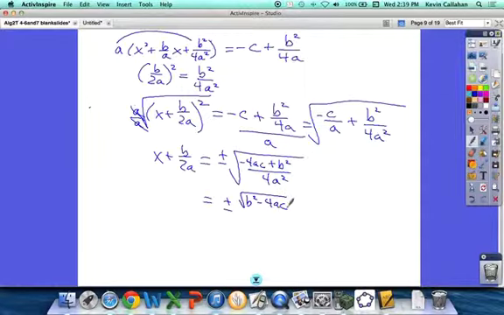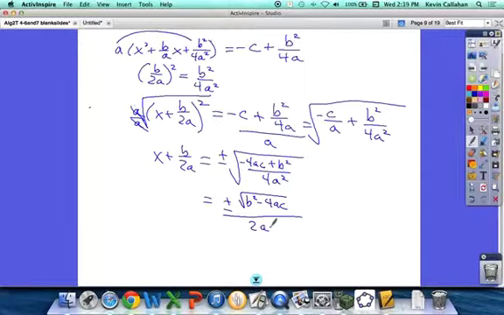And the square root of 4a squared is 2a. So I can take that outside of the square root, because we can take the square root of 4, and we can take the square root of a squared.